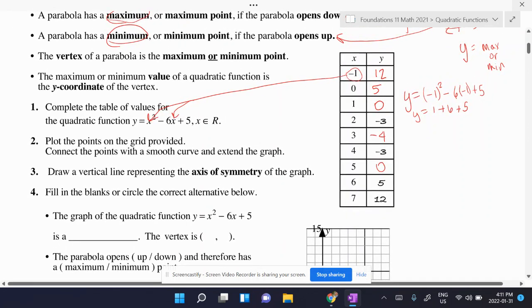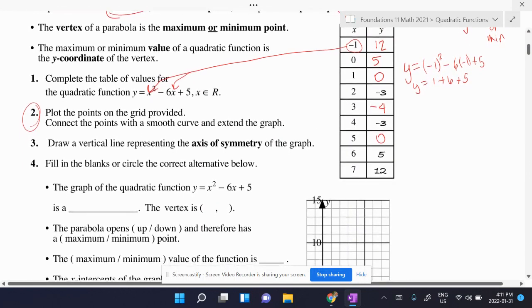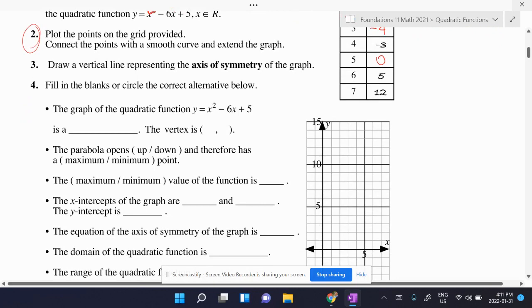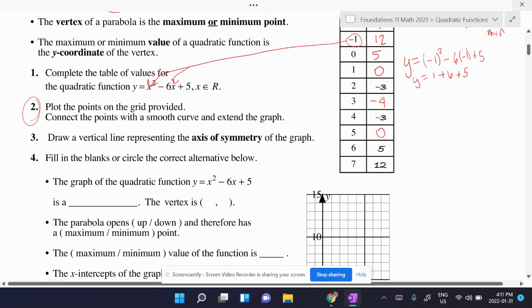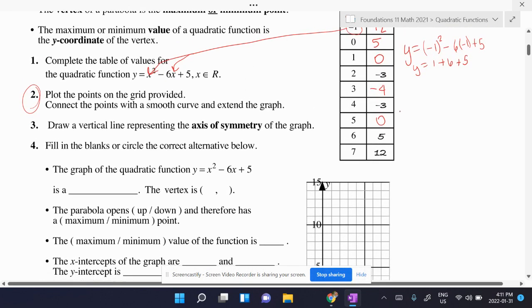Plot the points on the grid provided. Connect, I'm doing number 2 right now. Connect the points with a smooth curve and extend the graph. Well, that's easier said than done. All right, so I am going to start with, I kind of see it's going here in the middle because I have -3 here and a -3 here.